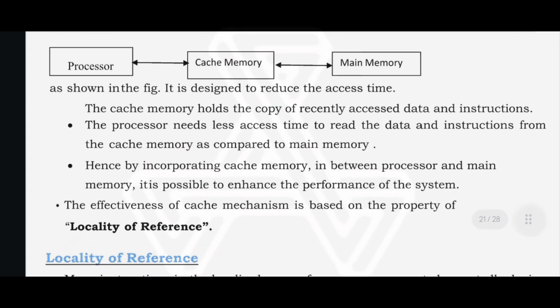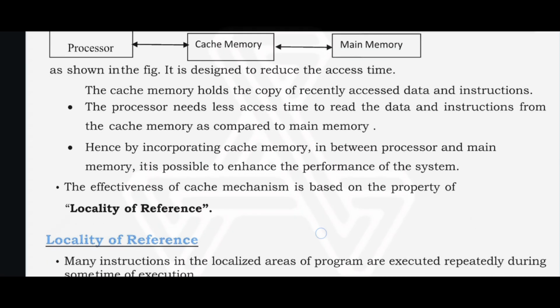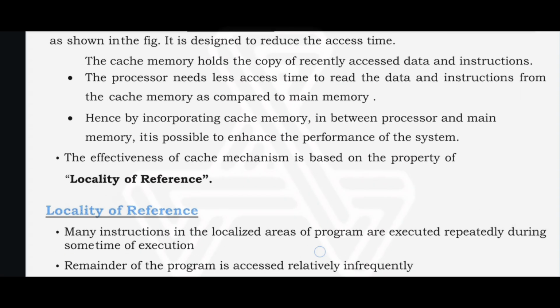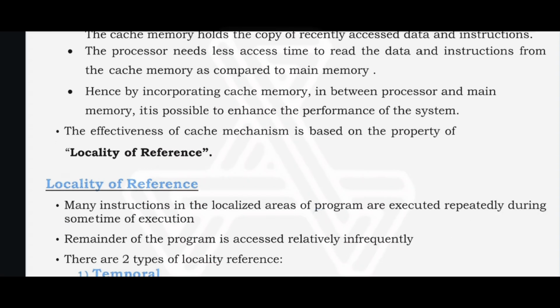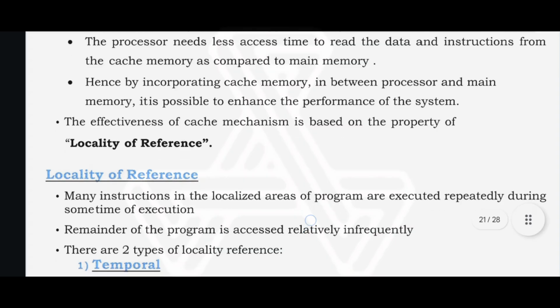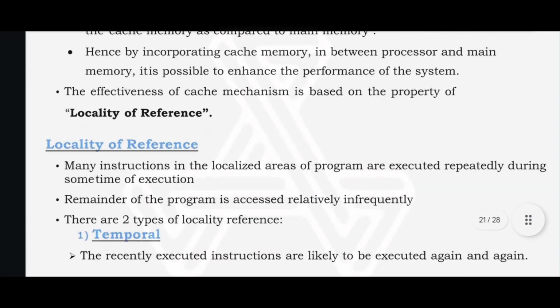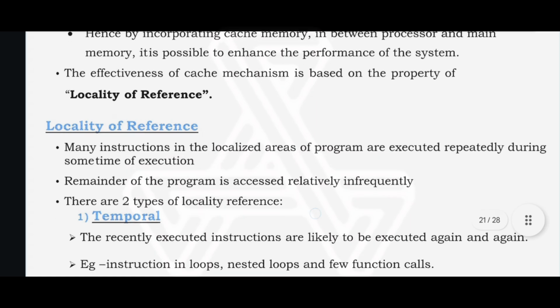The processor needs less access time to read the data and instruction from the cache memory as compared to main memory. Hence, by incorporating cache memory in between processor and main memory, it is possible to enhance the performance of the system. The effectiveness of cache mechanism is based on the property of locality of reference.